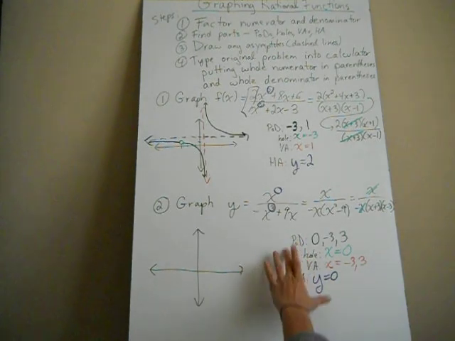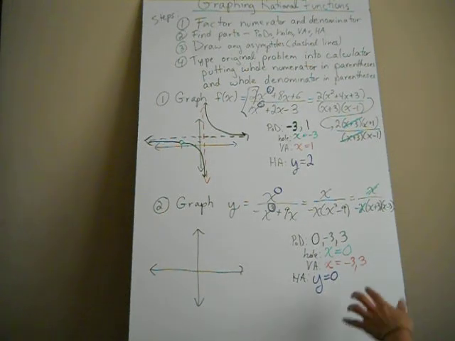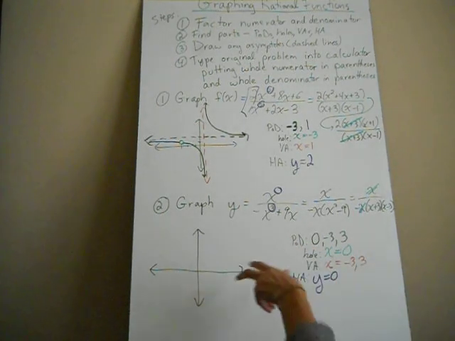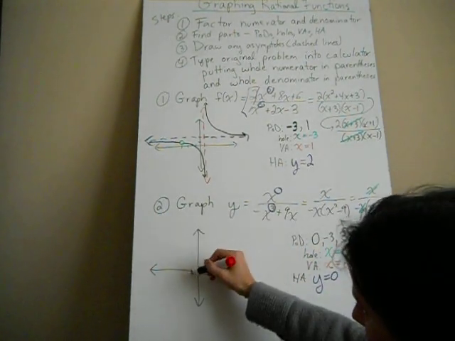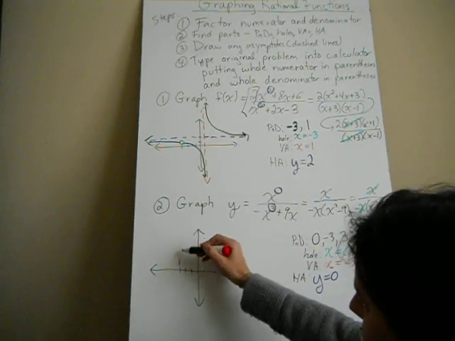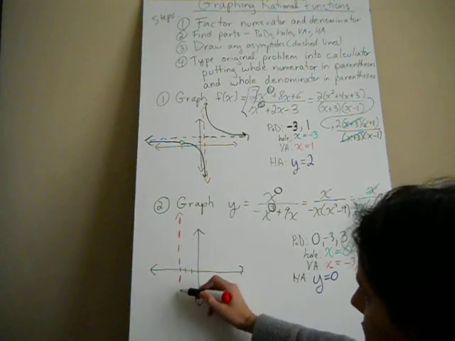Now that we have our framework set up of information, we need to draw our asymptotes over here. So where x is negative 3, we're going to have a vertical asymptote, a vertical dashed line.